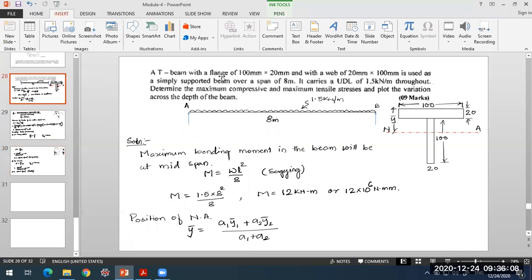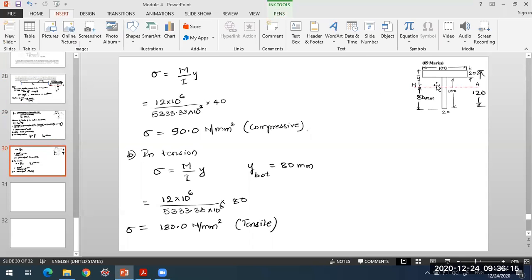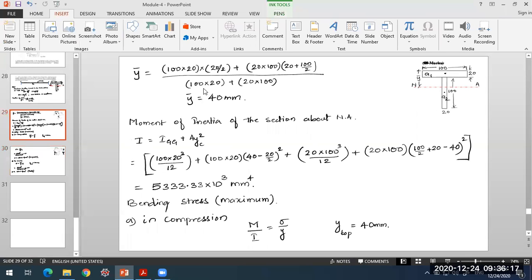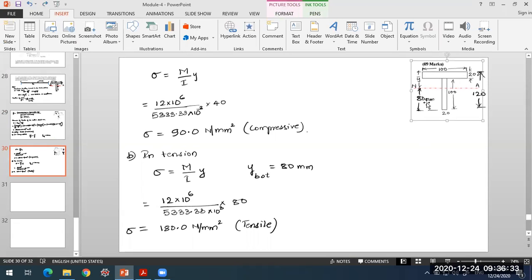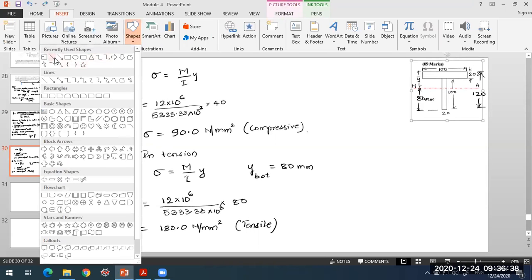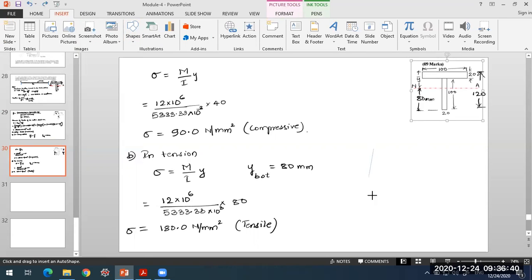Now it is asked to plot the variation of the stresses across the depth of the section, so we'll do that over here. Once we know the maximum stresses, this is the section, and this line represents the depth of the section.